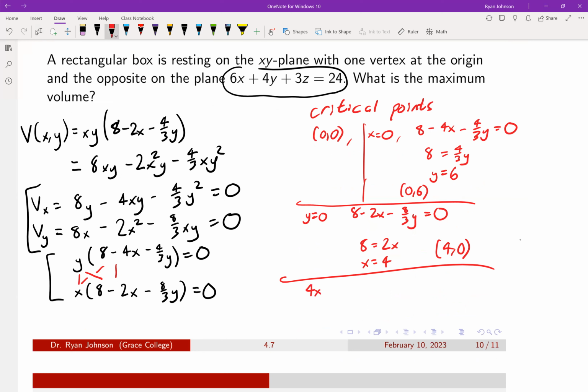So 4x plus 4/3 y equals 8, and 2x plus 8/3 y equals 8. You see how those are both equivalent to these two things in parentheses right there?